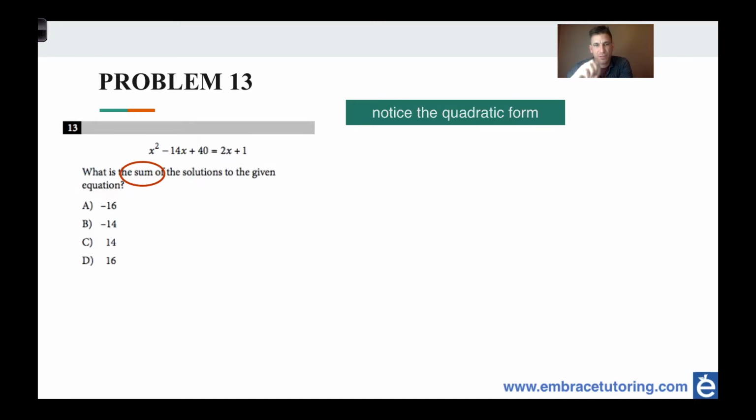A quadratic form intentionally usually factors, if you remember this, and then the factors will have roots, and those roots are going to be the solutions. It says sum of solutions, which means that given the fact that you have an x squared, you may have to factor, solve for the solutions, and then add those solutions together in some way.